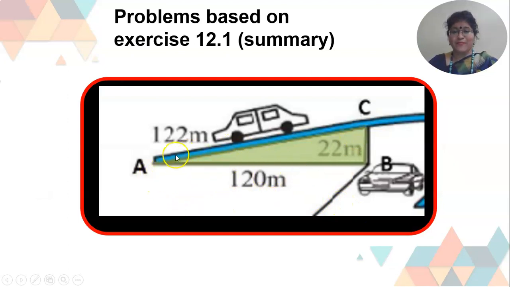This diagram is that of a wall which is on the flyover. And if you remember, this was the advertisement problem where a company has used this much region of the wall to showcase their advertisement. And they had to pay an amount for 3 months.